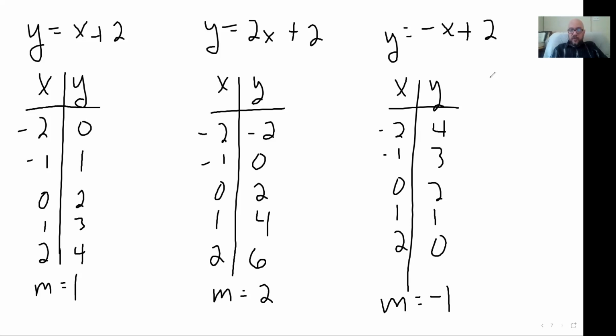Now, if you're particularly sharp-eyed, you might have noticed that these m's here, the slope in each case, is the coefficient of x. Right here, there's a 1 and a 2, and this is -1.